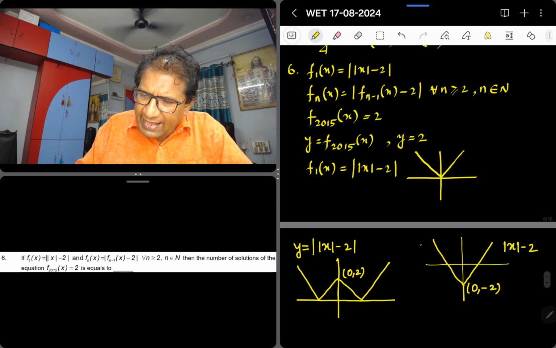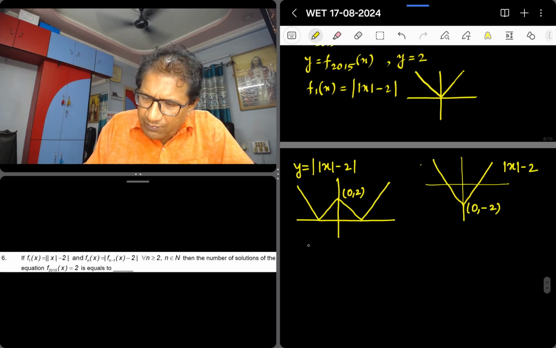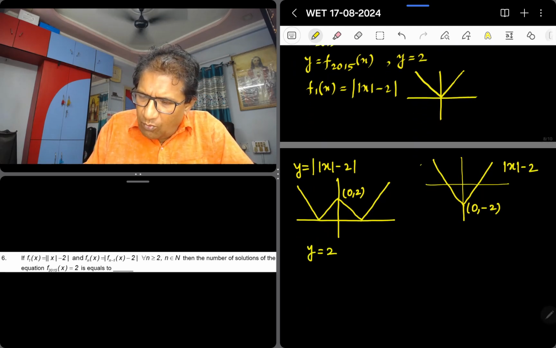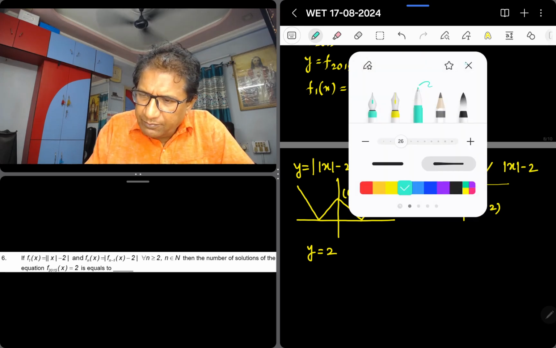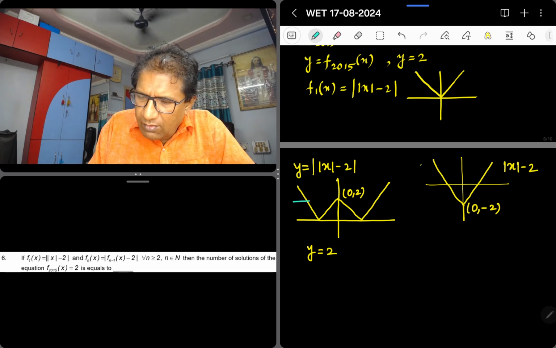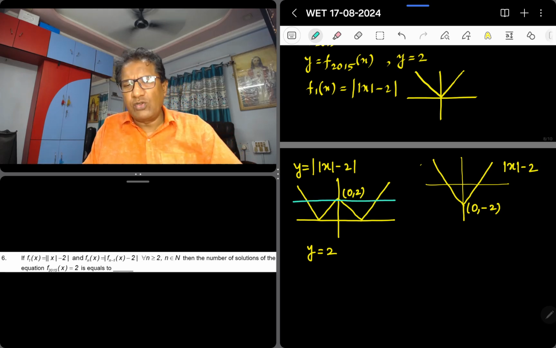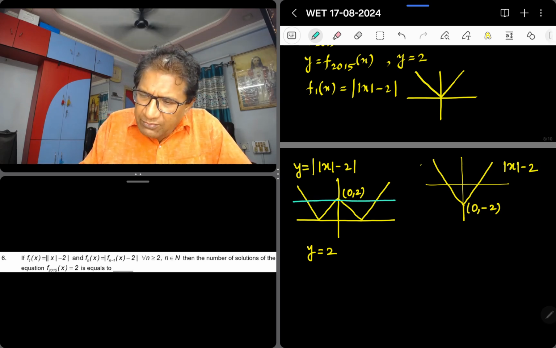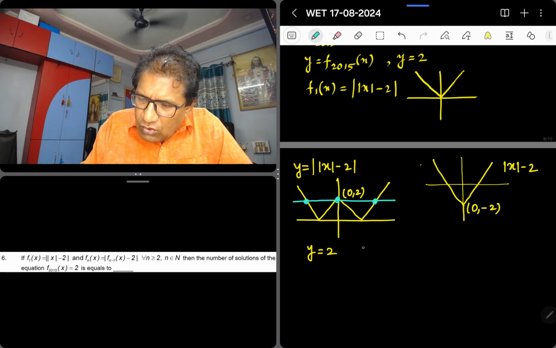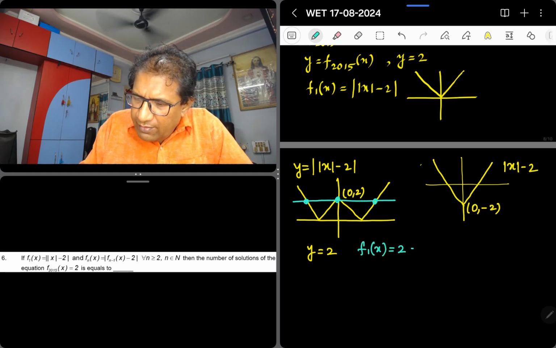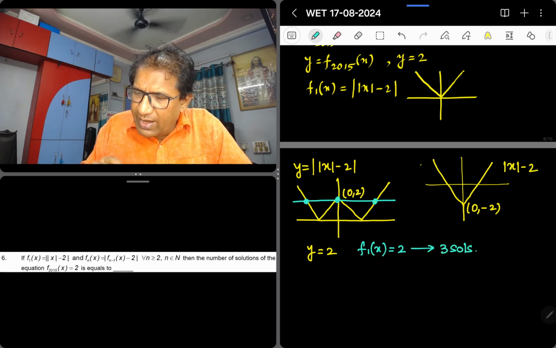Now, if f1x equals 2, if I draw the graph y equals 2, we can easily see, let me change the color of the pen. Y equals 2 is this line. And we can easily see that it is intersecting the curve at 3 points, right? So, if f1x equals 2, we are having 3 solutions, right?